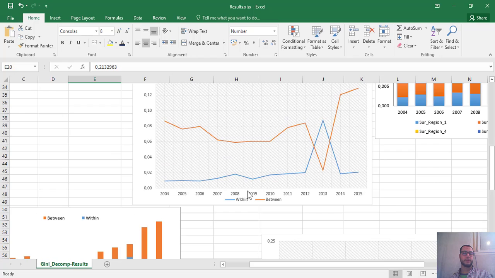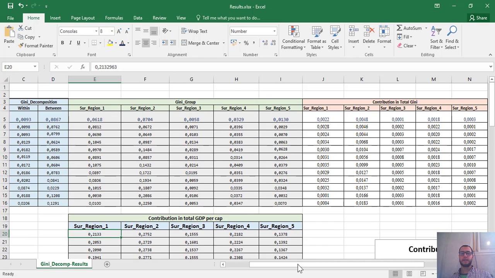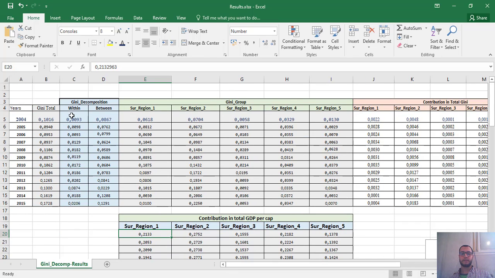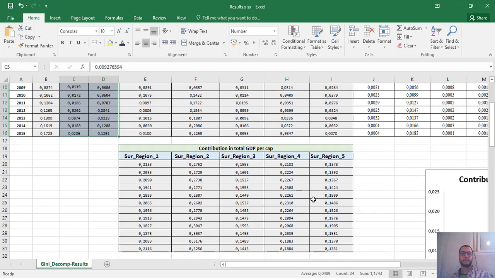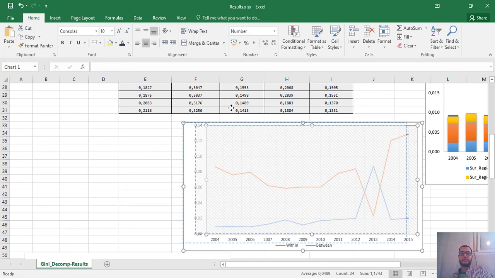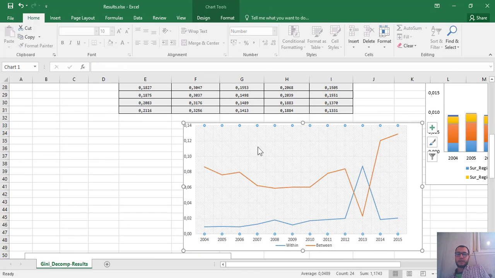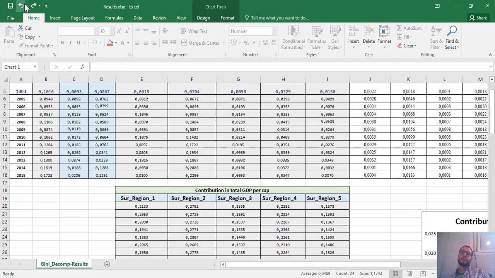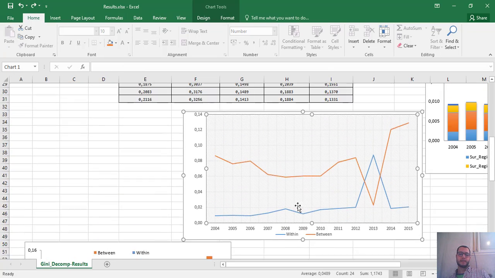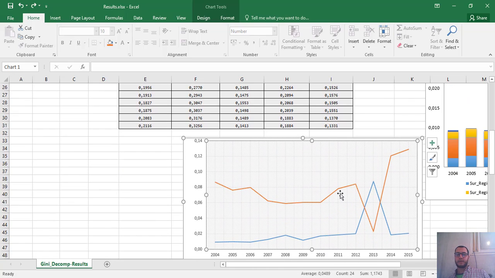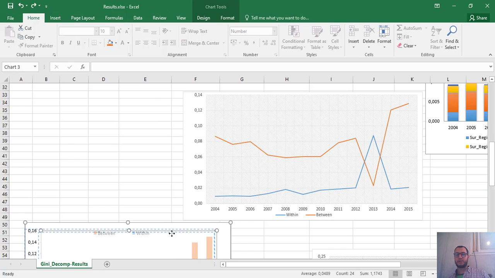What I did here is I took these two effects, the weaving effect and the between effect, and I made this graph. For this analysis, we have the between effects from 2004 to 2012.